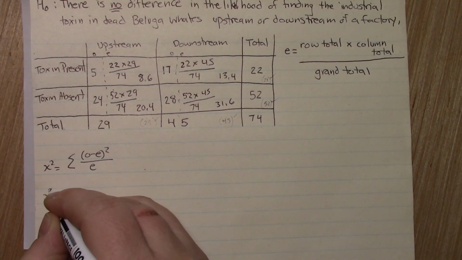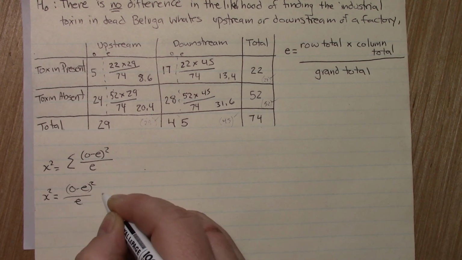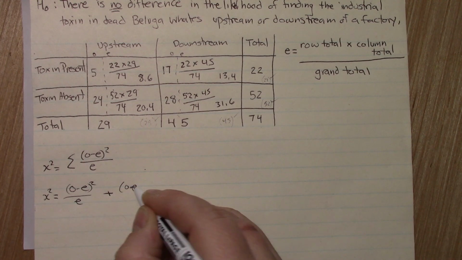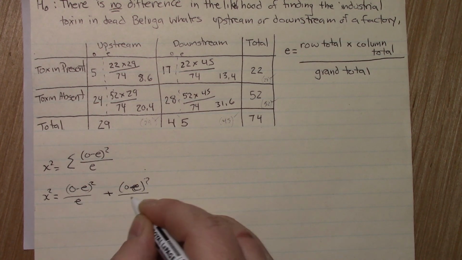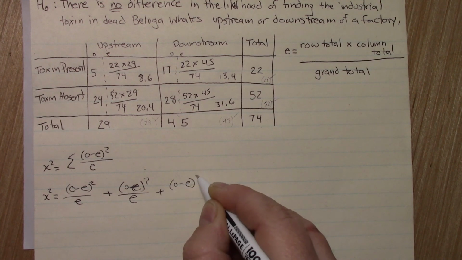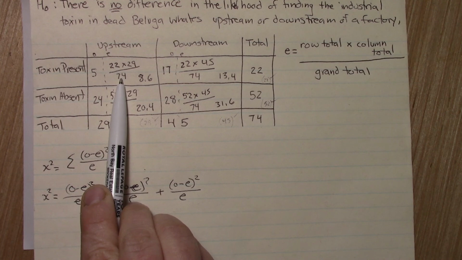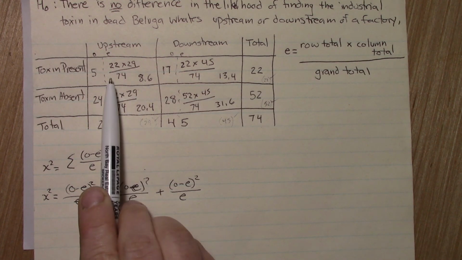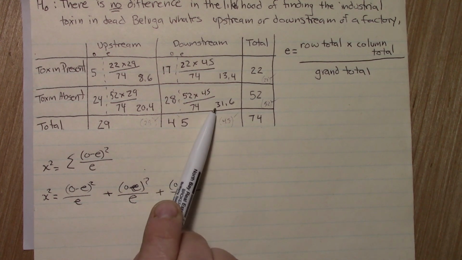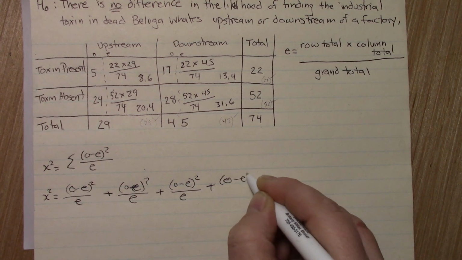So chi squared equals observed minus expected squared over expected plus, because that's what that sum means, plus observed minus expected squared over expected, plus observed minus expected squared over expected. So we've got one pair of observed and expected, two pairs, three pairs, four pairs. So we're going to add this 4 times.